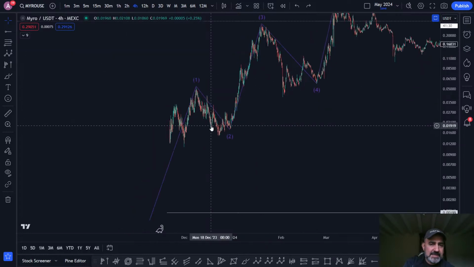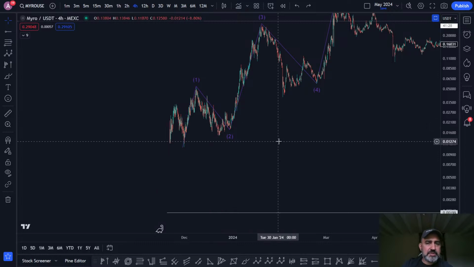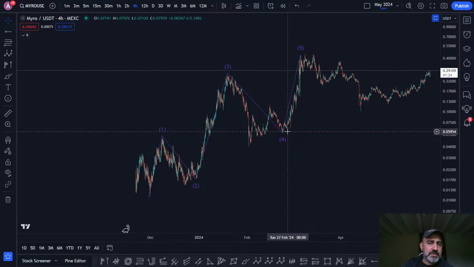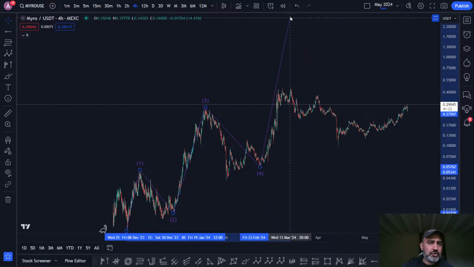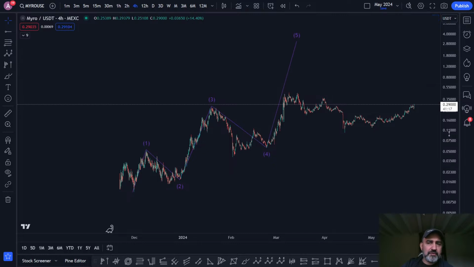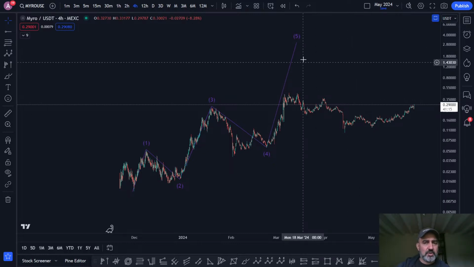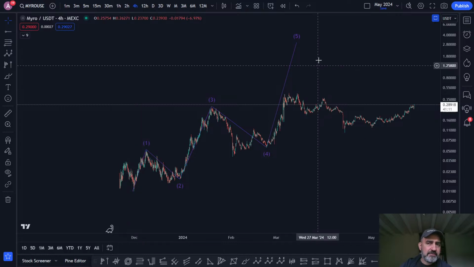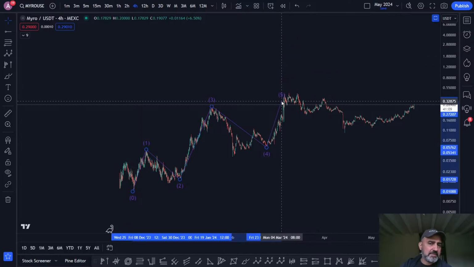In this circumstance, it didn't need to be shorter. You can see 3 is clearly longer than 1, so therefore the 5 could have been much longer. It just tells you how the 5 is restricted. So if you have 3 shorter than 1, then 5 can't be longer than 3. It has to be shorter.